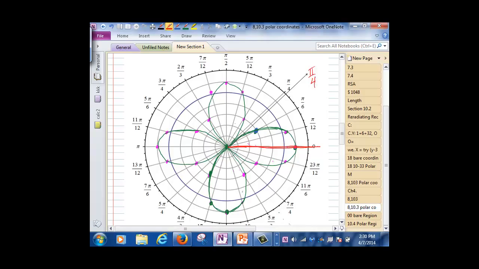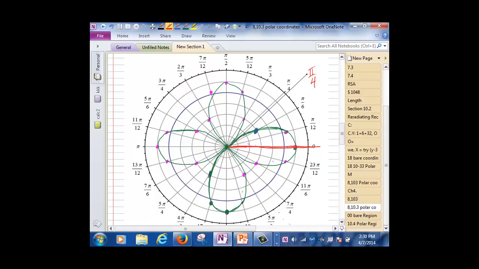So I started at theta equals 0 at this point, and then as theta goes to pi over 4, I am sweeping out this part of the curve. You have to remember that, or you have to sketch it out first and then do this problem, okay? So we are sweeping out the upper half of the loop as theta goes from 0 to pi over 4. Is that clear?